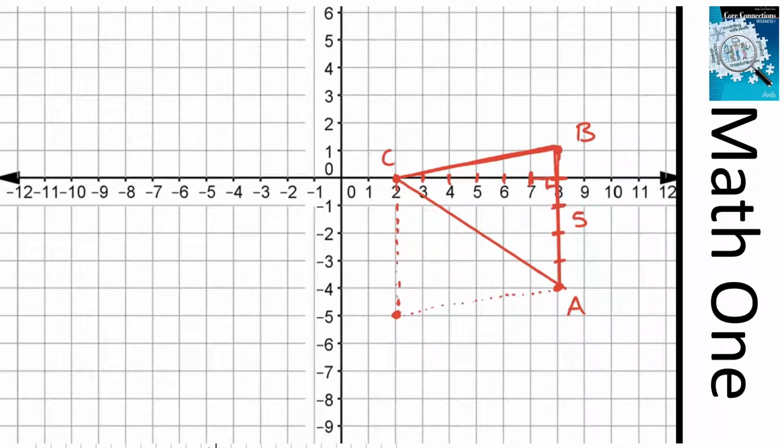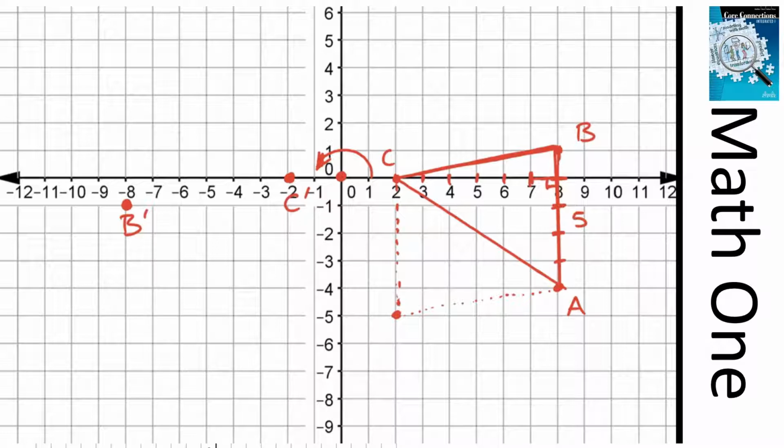If I rotate this about the origin 180 degrees, point C ends up landing right here at -2. And point B is on the -8 line, at (-8, -1). So this is B prime. This is C prime.